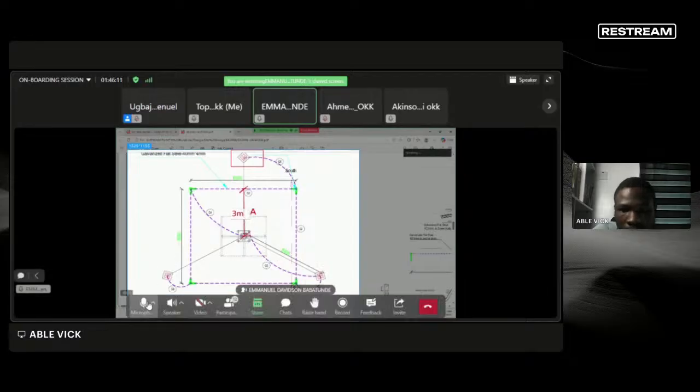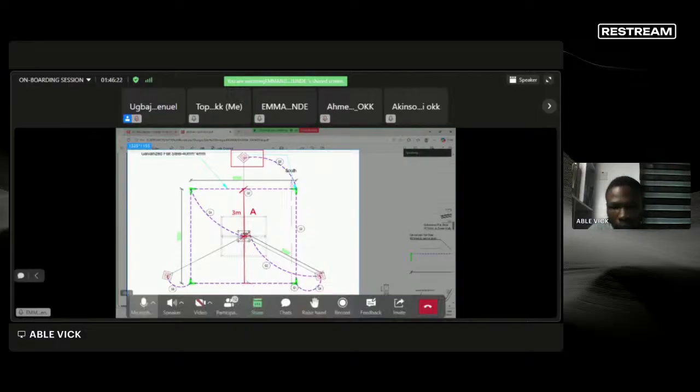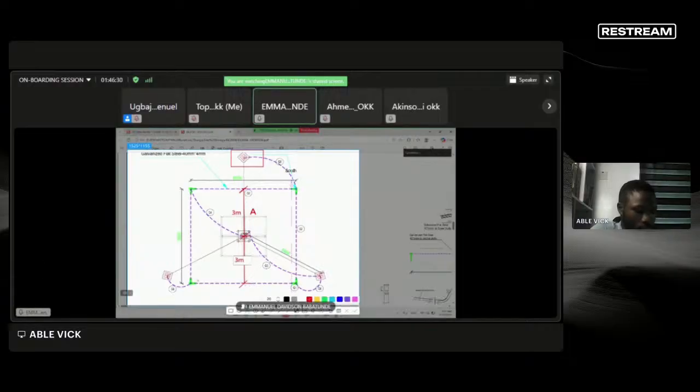It means from the center of the tower, you go 3 meter up. You also go 3 meter down to establish the extent where your earthing will be installed. This one is also 3 meters. So from there also, you can measure that forward.